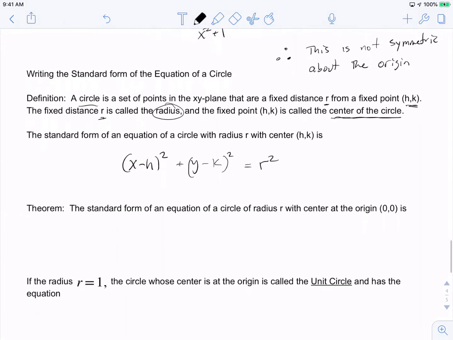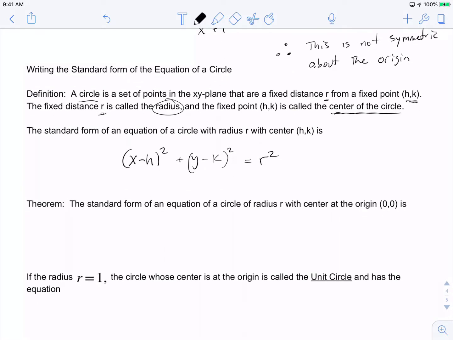Okay. The standard form of an equation of a circle of radius r with center at the origin (0, 0) is, and this should make sense. They're giving us an h, that h is 0, and they're giving us a k, which is 0, with the radius still squared.